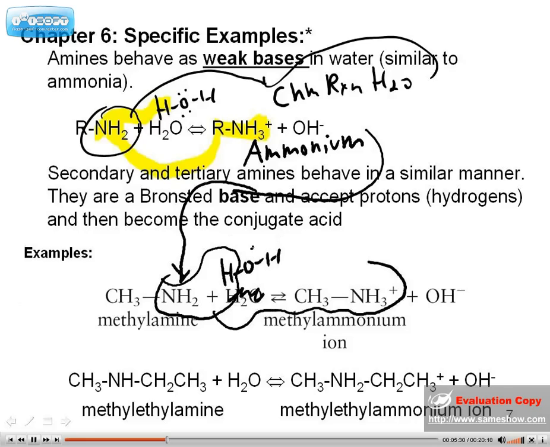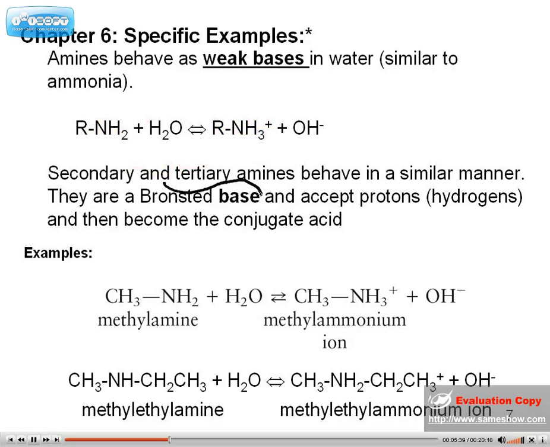The remaining section of the water is going to form a hydroxide. So we call this a Bronsted base, aka Bronsted-Lowry base, because it accepts hydrogens, in this case from the nearby water molecules. Again, not all the amines do this, but some do. Consequently, in this form right here, the dominant intermolecular force in this case is going to be ionic.